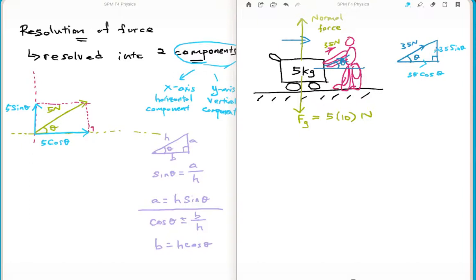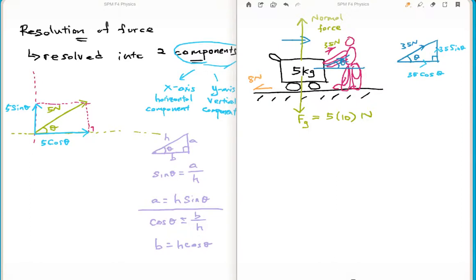Now, the same problem, but what happened is the floor is no longer smooth. There is a certain amount of friction, and the frictional force, or dynamic friction, is 8 Newton to the left.